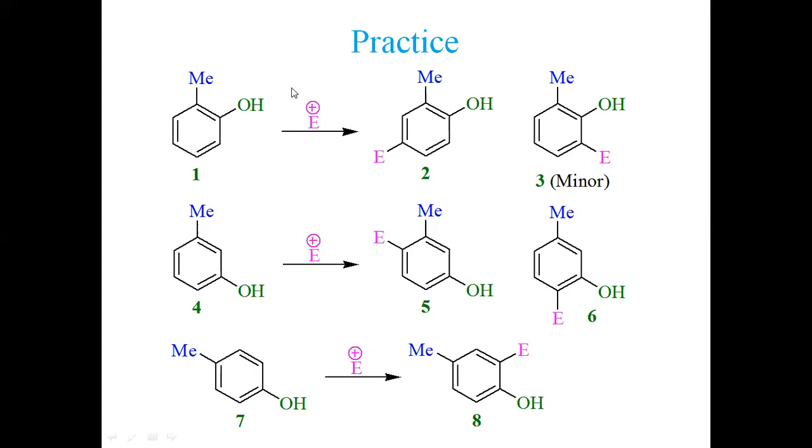So I hope this rule is clear to you. When it is one substituent, it is very clear. When it is simple methyl, it shall be ortho and para. If it is simple OH, it shall be ortho and para. If it is nitro, it shall be only meta. That is very clear, no doubt about that. You have seen in the previous two slides.